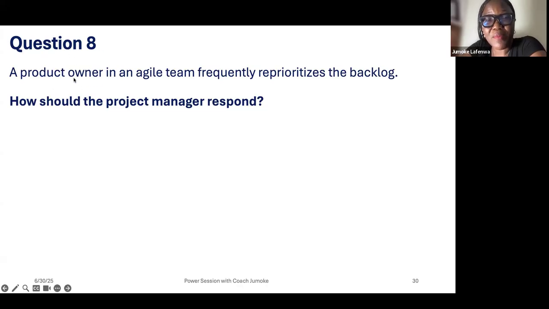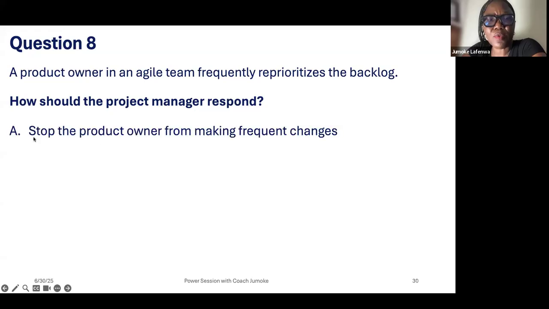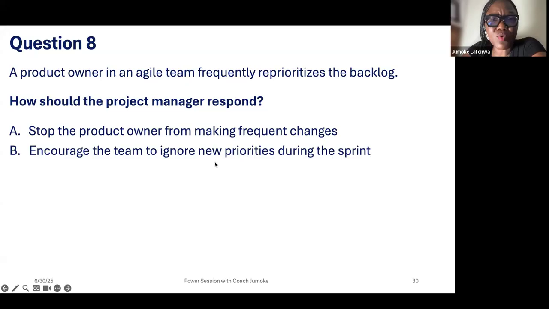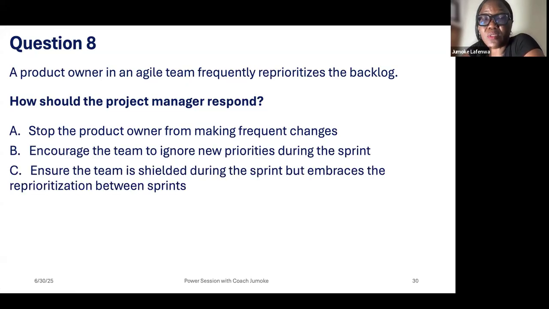Question 8. A product owner in an agile team frequently reprioritizes the backlog. How should the project manager respond? A, stop the product owner from making frequent changes.